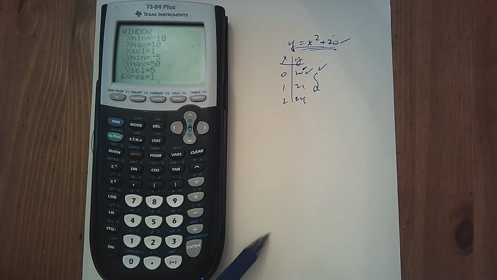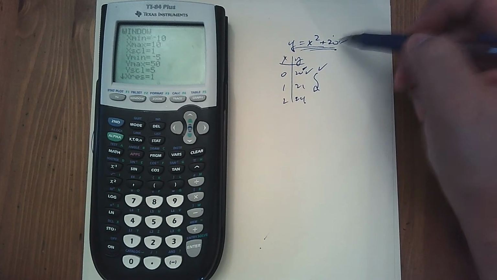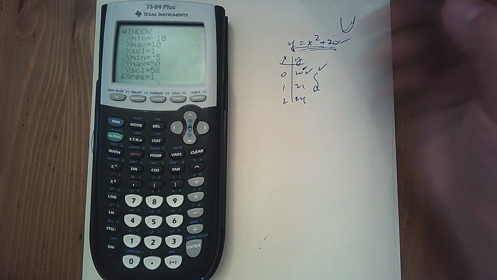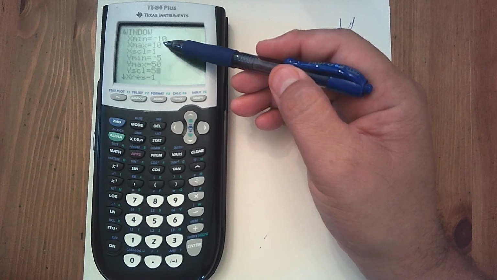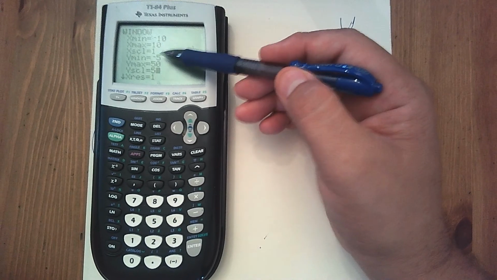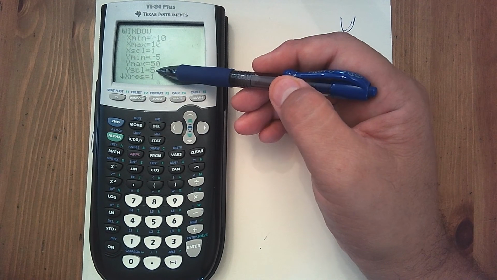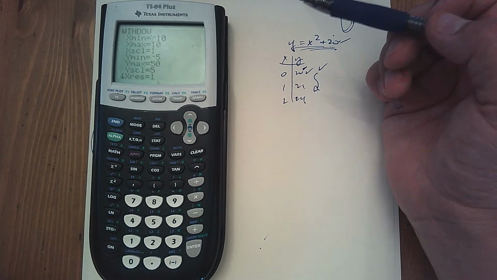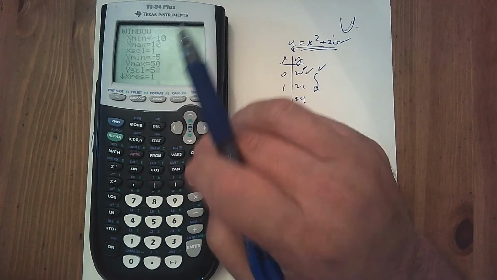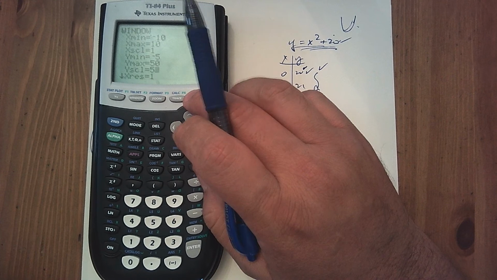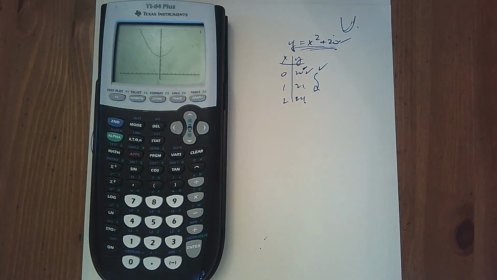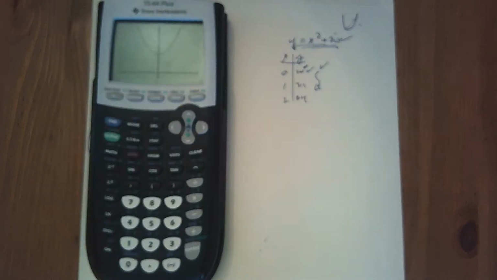So when we press graph, we're expecting to see a parabola, a U-shape from negative 10 to 10 along the x-axis with a scale of 1, and then from negative 5 to 50 with a scale of 5 along the y-axis. So we should see this shape if I've done all my work right. So I'm going to press graph, and lo and behold, there's my parabola doing exactly what I said.